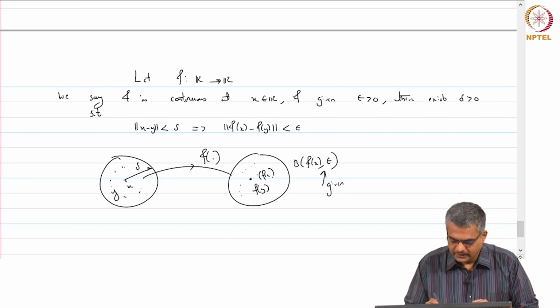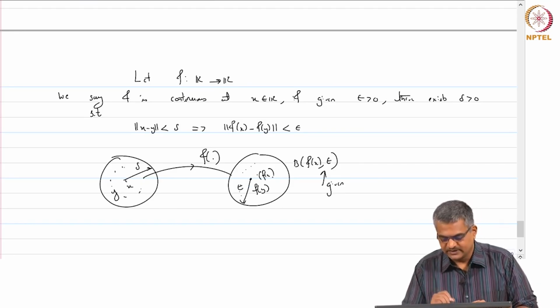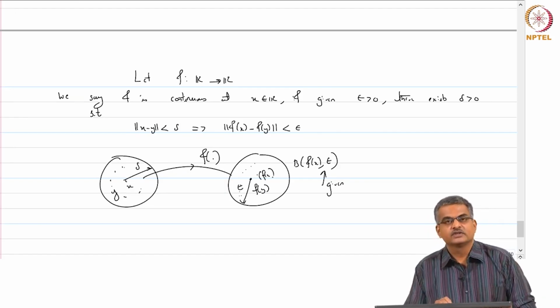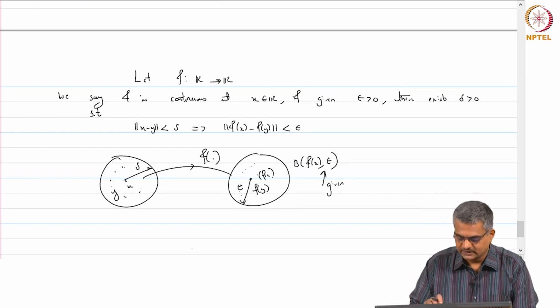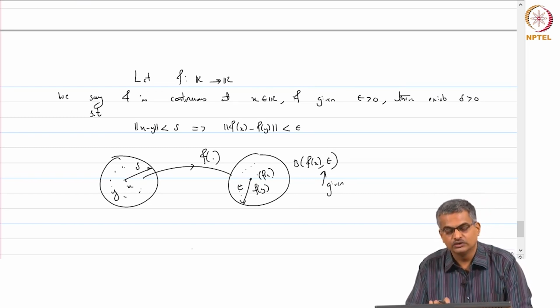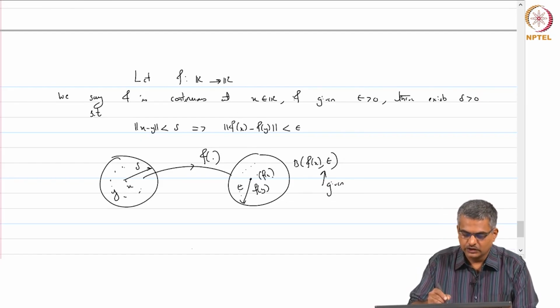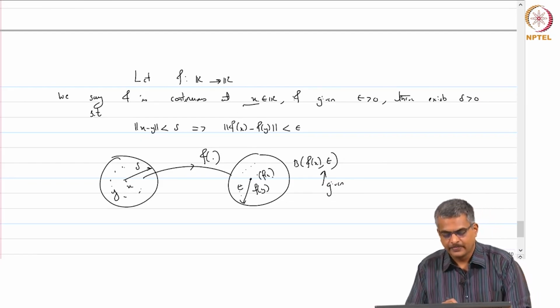Well, they all lie in a ball with center f(x) and radius epsilon. So, if for any epsilon thrown at you, you can find a delta such that this inequality holds, then f is said to be continuous at x.